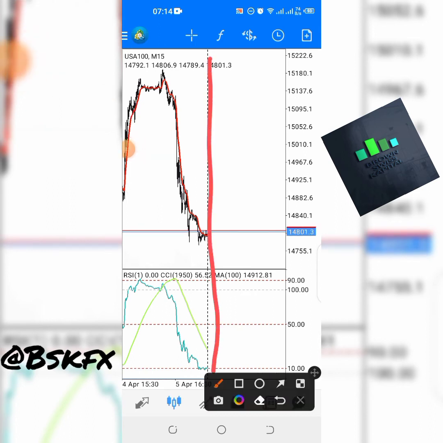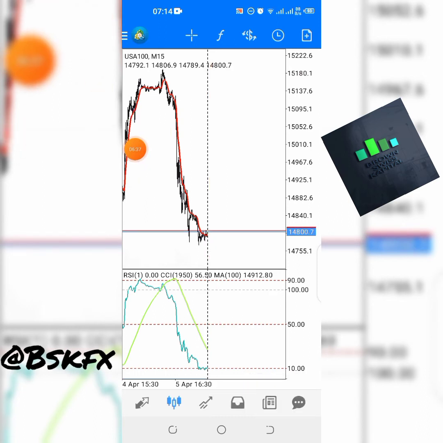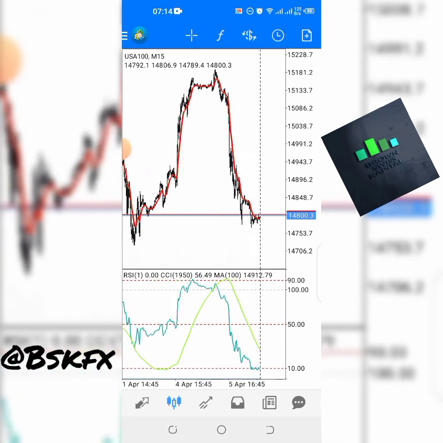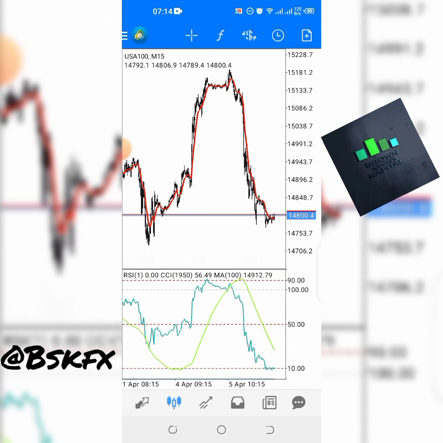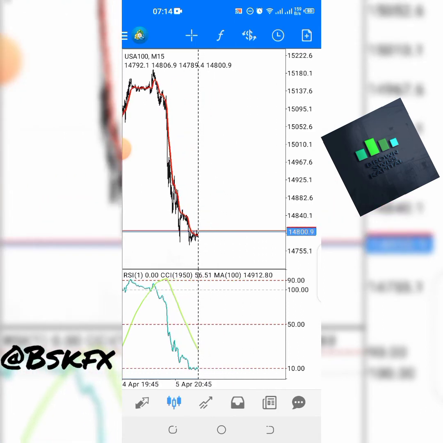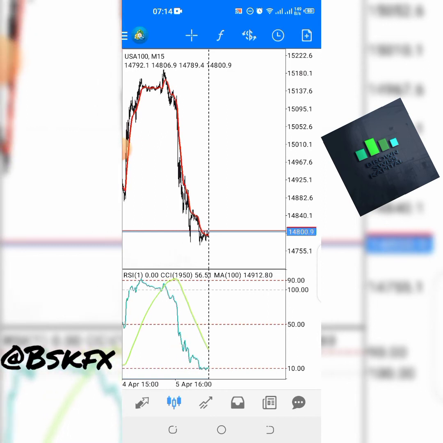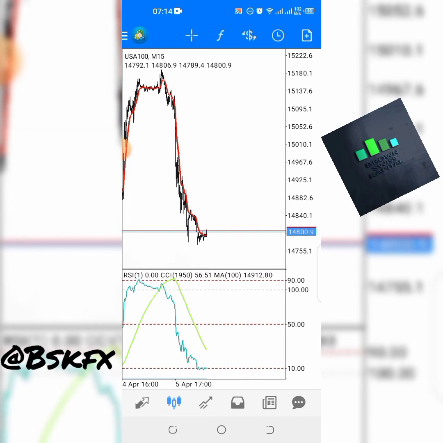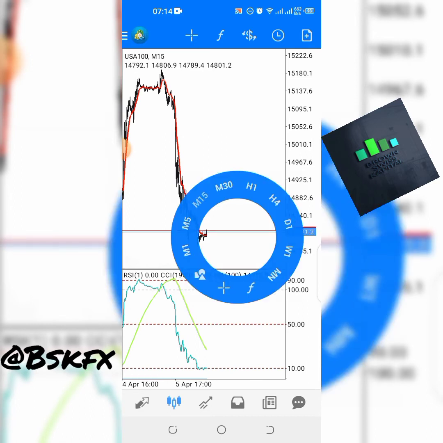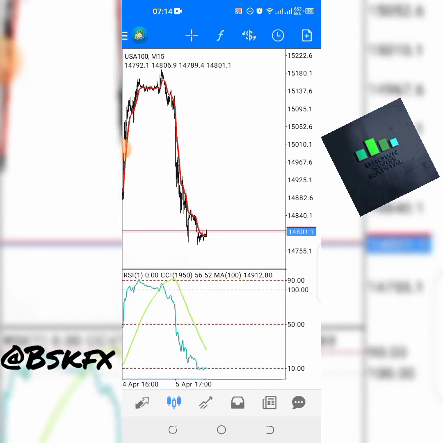Your chart may not be aligned like mine, so you press and hold, and as you can see, you can move it and place it here. I just want you to drag your charts all the way to the midpoint, till you can't move it anymore. So you want your chart to be like that.